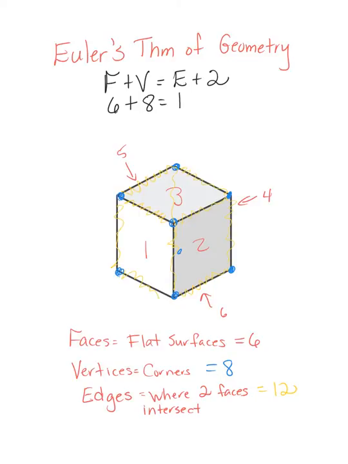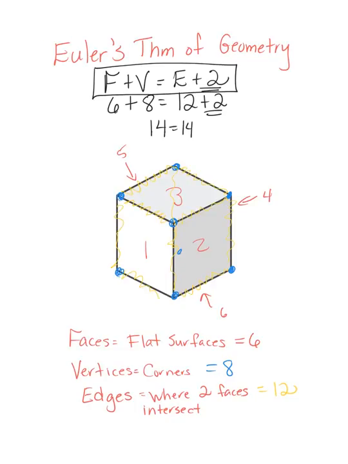The edges have 12. The plus 2 is in the formula, so that gives me 14 equals 14. That is always true. That is Euler's theorem of geometry, that the number of faces of a prism plus the number of vertices will always equal the number of edges plus 2.